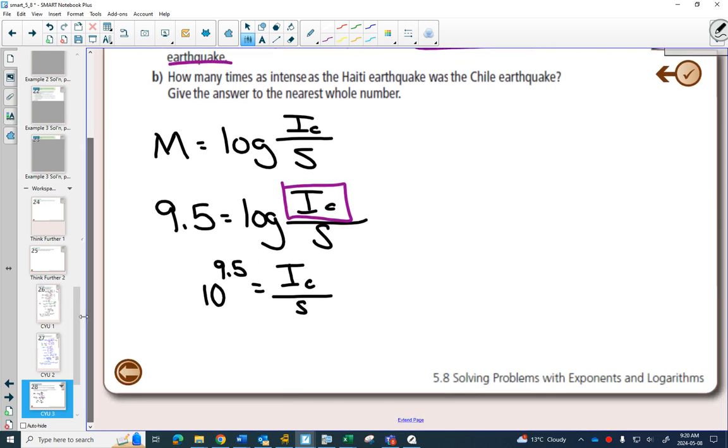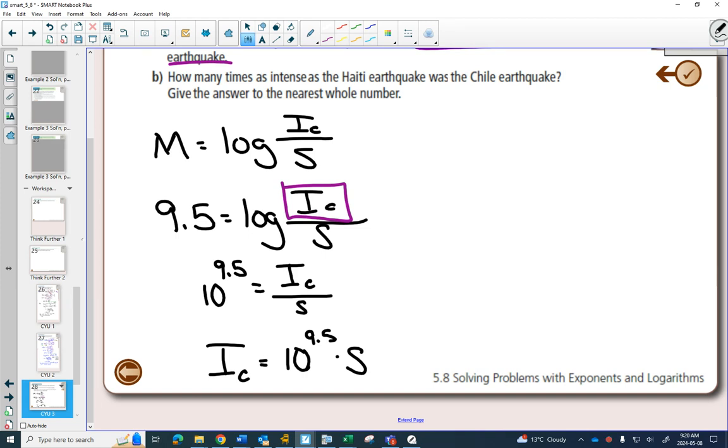So we can now get the intensity of Chile by itself by multiplying both sides by S. Ten to the 9.5.